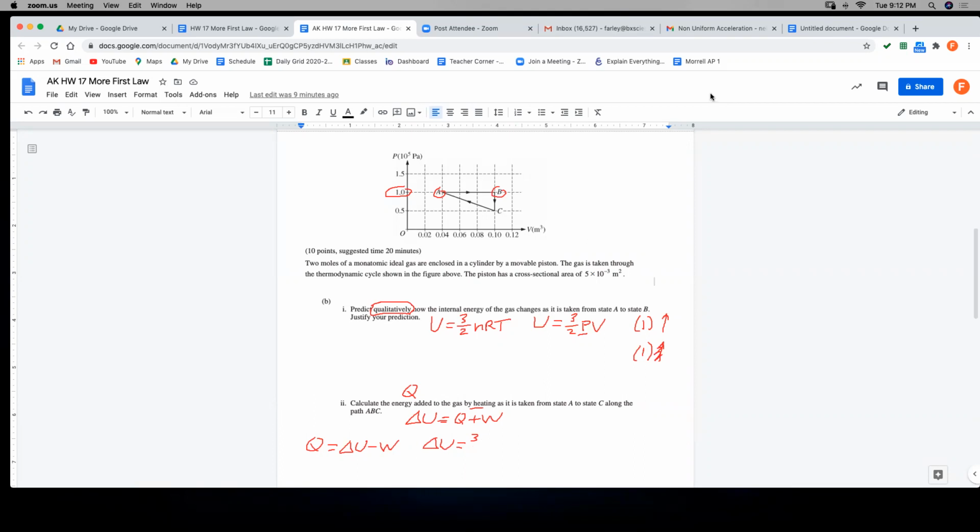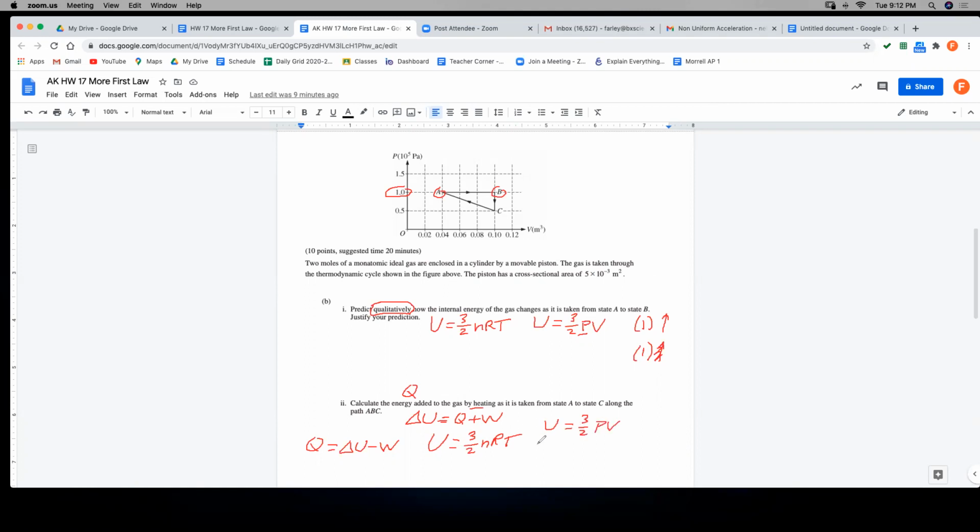U is 3 halves nRT, but PV equals nRT, so U is actually 3 halves times PV.